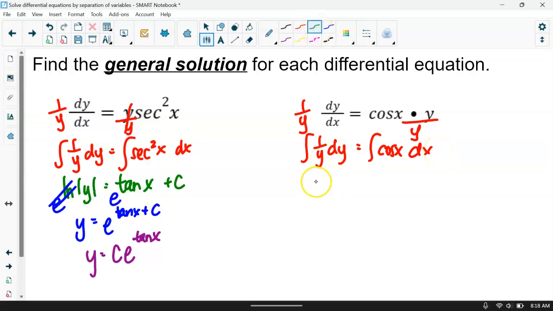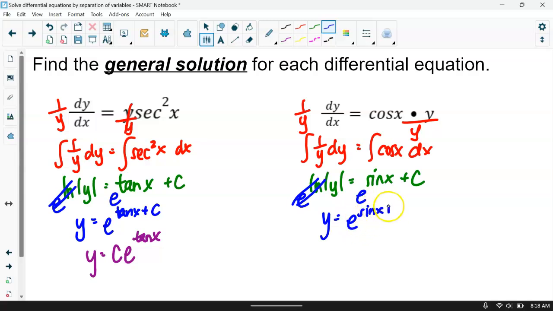So now here, natural log of y is equal to sine of x plus c. So then now here, e opposites, y is equal to e to the sine x plus c, which is y is equal to c times e to the sine x exponent.